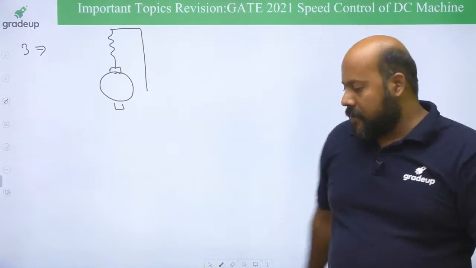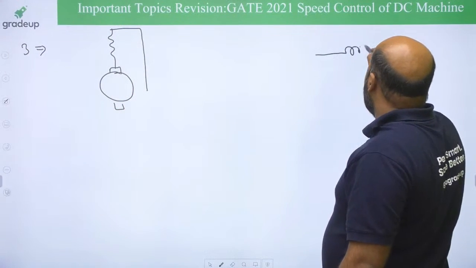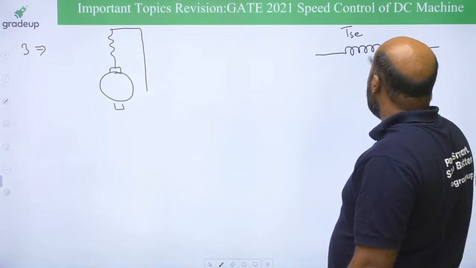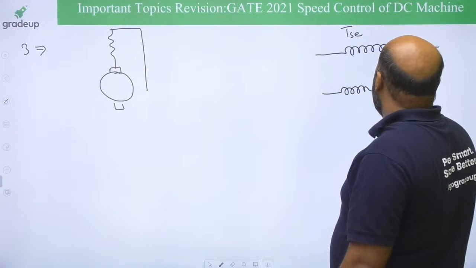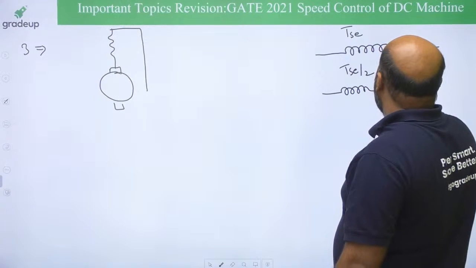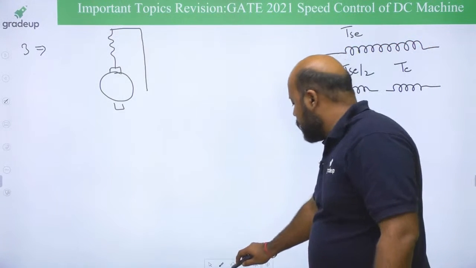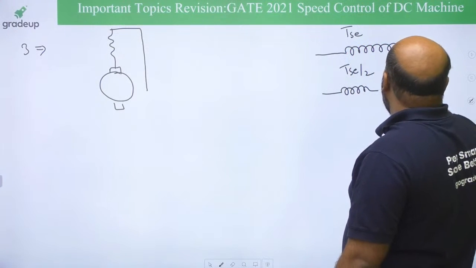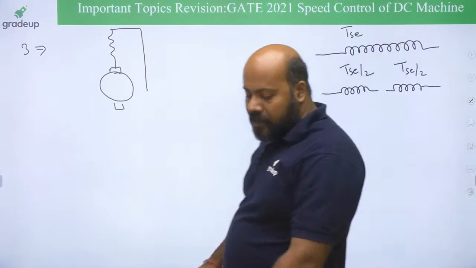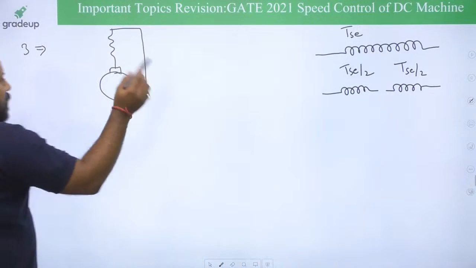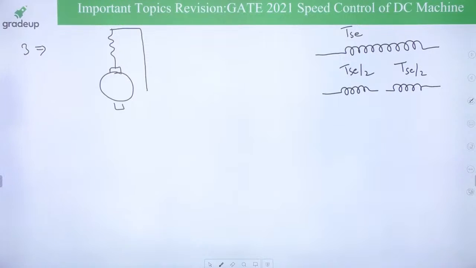So this series field, suppose number of turns are TSE, I am going to divide into two parts. Now I am going to connect it either in series or parallel, and we will be getting the speed control.